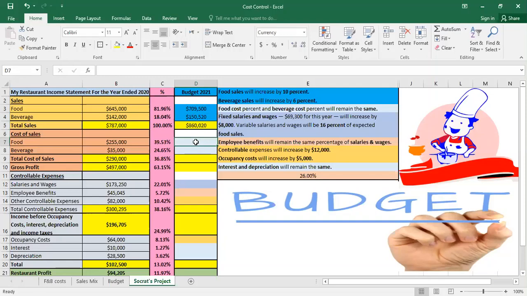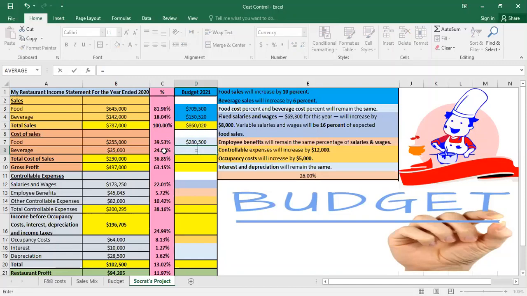We move now to the cost. They are saying the food cost percent and beverage cost percent will remain the same. So since they remain the same, it's equal to the food cost percentage times the food sales for 2021. The same for the beverage.